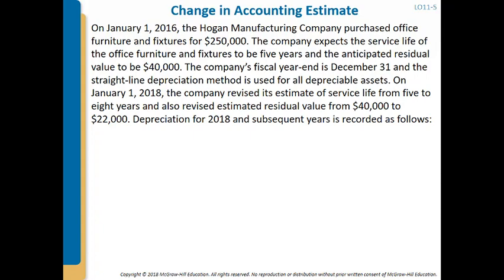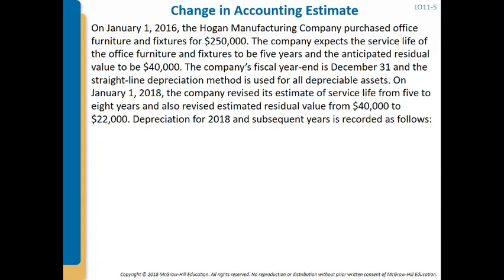Fiscal year end is December 31st, and straight line depreciation method is used. On January 1 of 2018, so 2 years later, the company revised its estimate of the service life from 5 to 8 years, so they're extending it, and the estimated residual value from 40,000 down to 22,000.